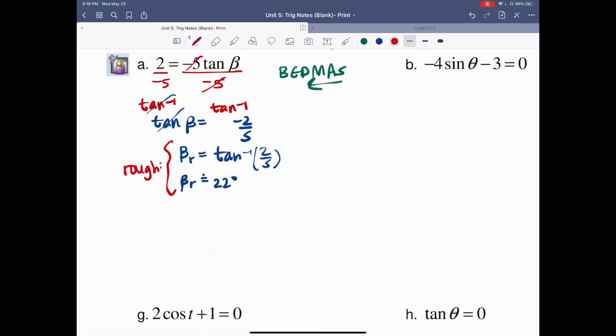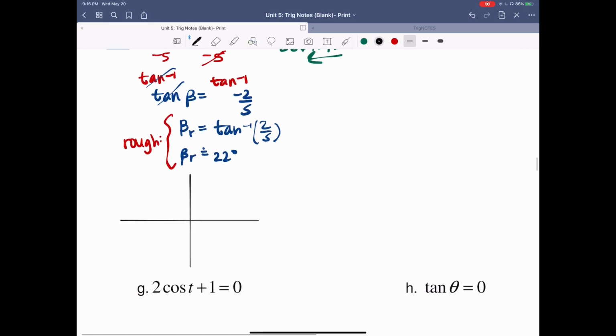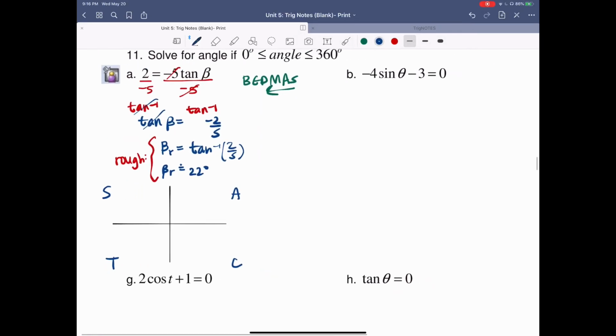As a next step, I'm going to draw my x and y axis so I can figure out where my angle actually is. So my related acute of 22 degrees, how is that going to help me? I'm going to write cast, and right now I'm dealing with tan. And my tan of my original is a negative value.